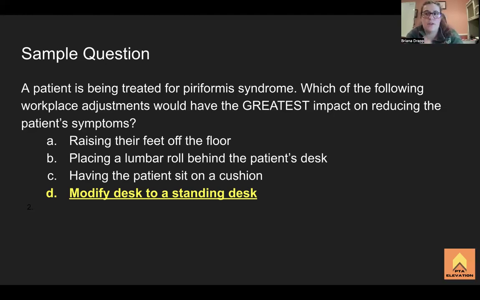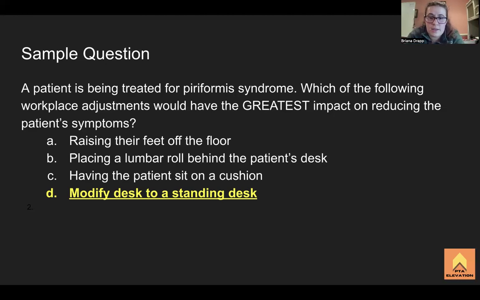It's going to help you avoid back pain. However, remember, as we talked about, piriformis syndrome is not due to the back. It's due to the pelvis positioning, not the back. So while putting the back in a better position will help the pelvis, there's a better answer for this, even though I do like having a lumbar roll. Having a lumbar roll is a great adjustment to ergonomics, so it's a good thing to be doing with this patient, but it's not our best answer.